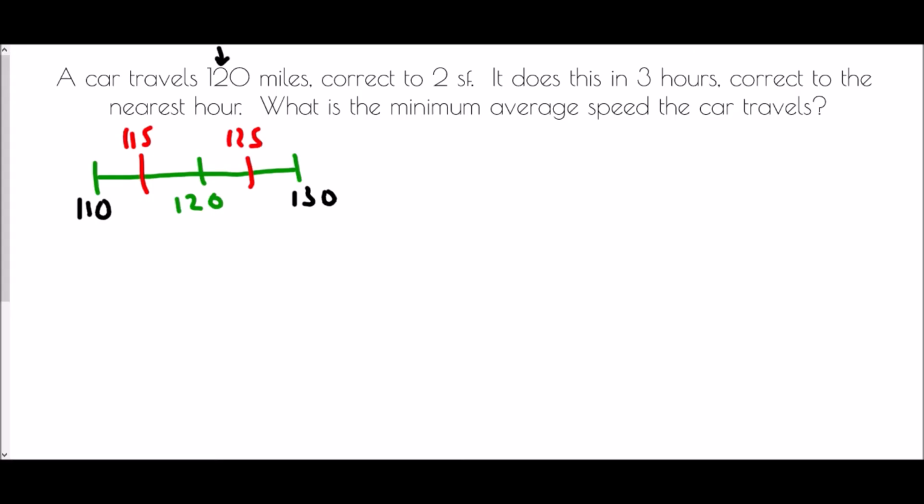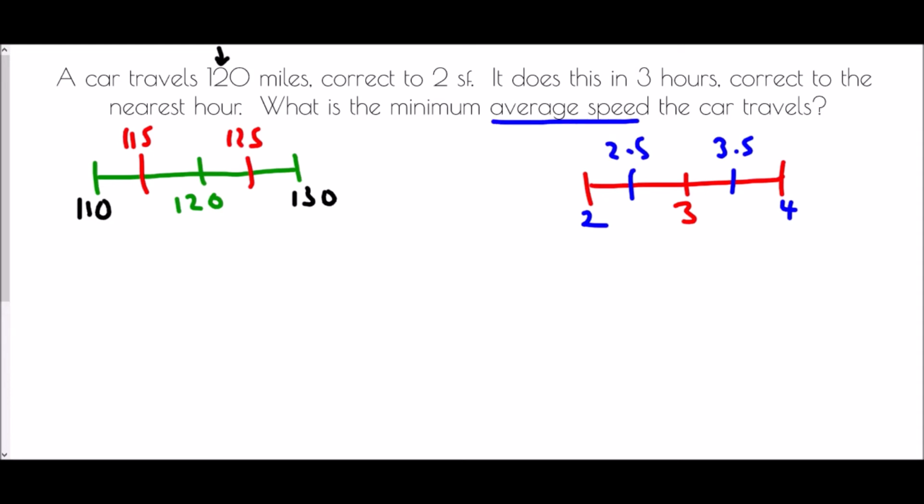In terms of the time, it was 3 hours to the nearest hour. And so it will be 3 hours in one direction, but that would give us 2 and 4. So to the nearest hour, it will be between 2.5 hours and 3.5 hours. Now in this case, we're looking for average speed. So speed comes from distance divided by time. Now what we are looking for is the minimum average speed.